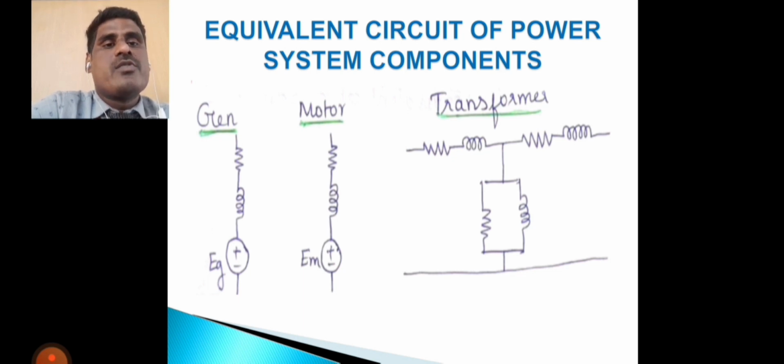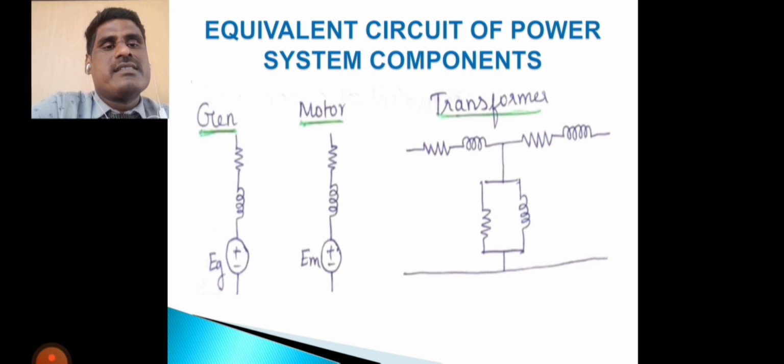The equivalent circuit represents some conditions, and based on those conditions we draw the reactance diagram or single line diagram. In the generator, one resistance and one inductance are present, generating EMF EG, plus or minus. So finally, when drawing the equivalent circuit for a generator, this symbol is used.